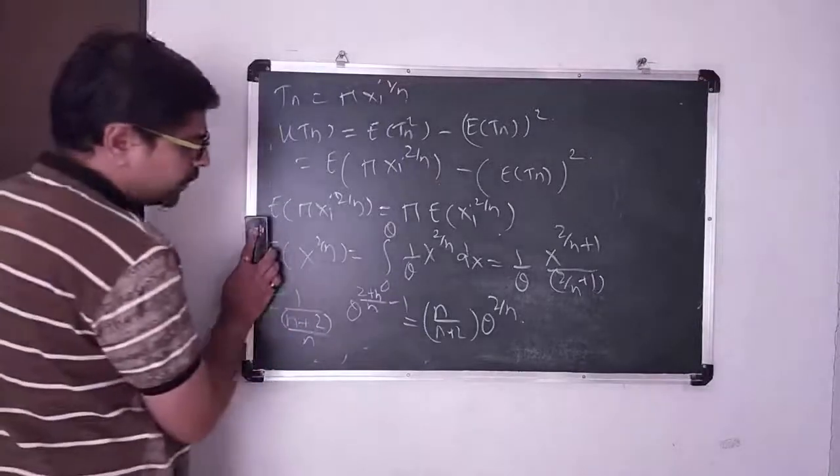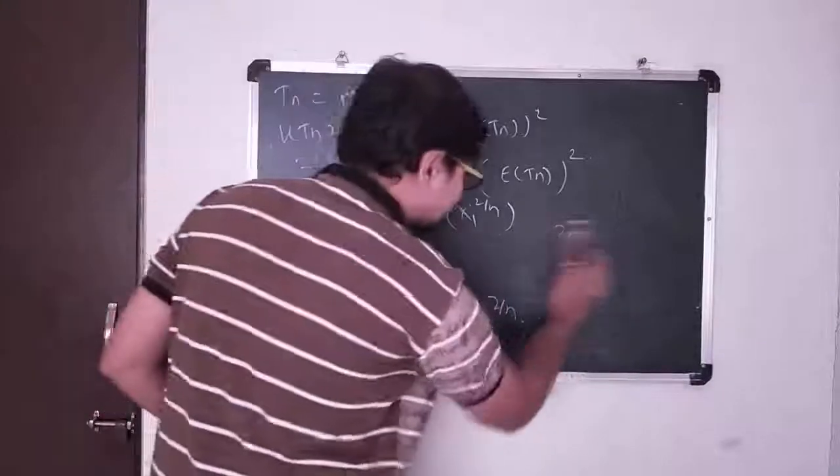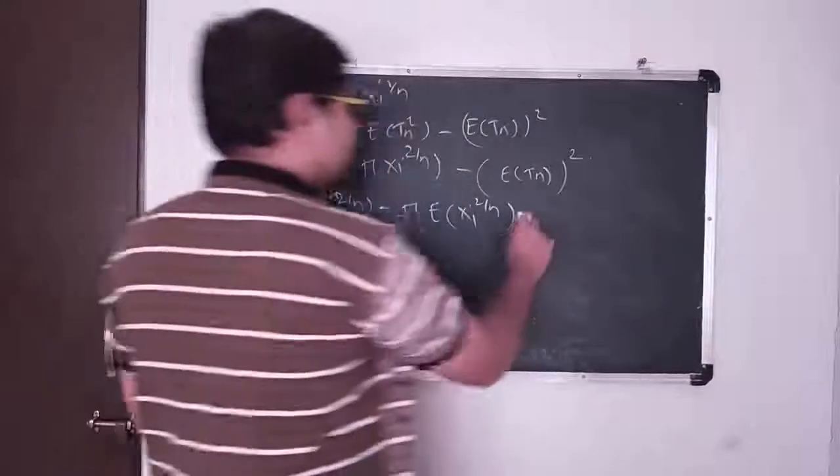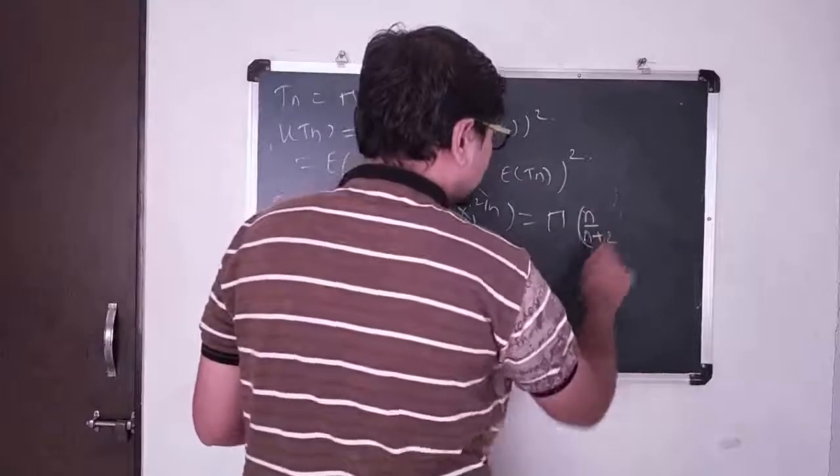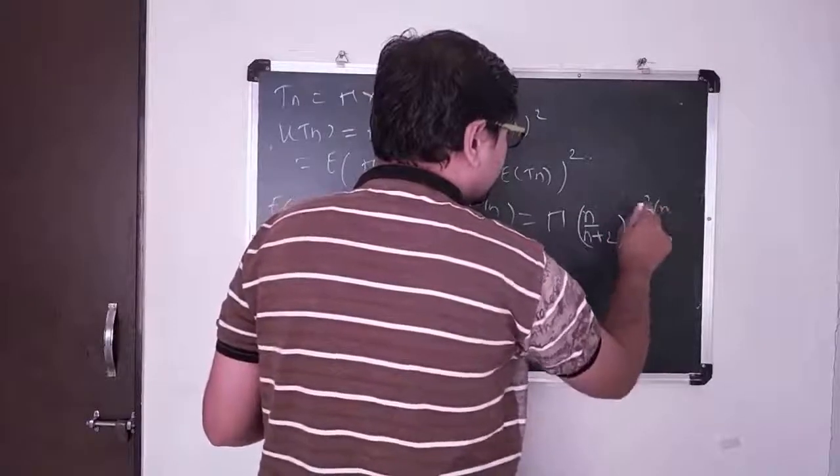So now we will take the product of n upon n plus 2 into theta raised to 2 upon n.